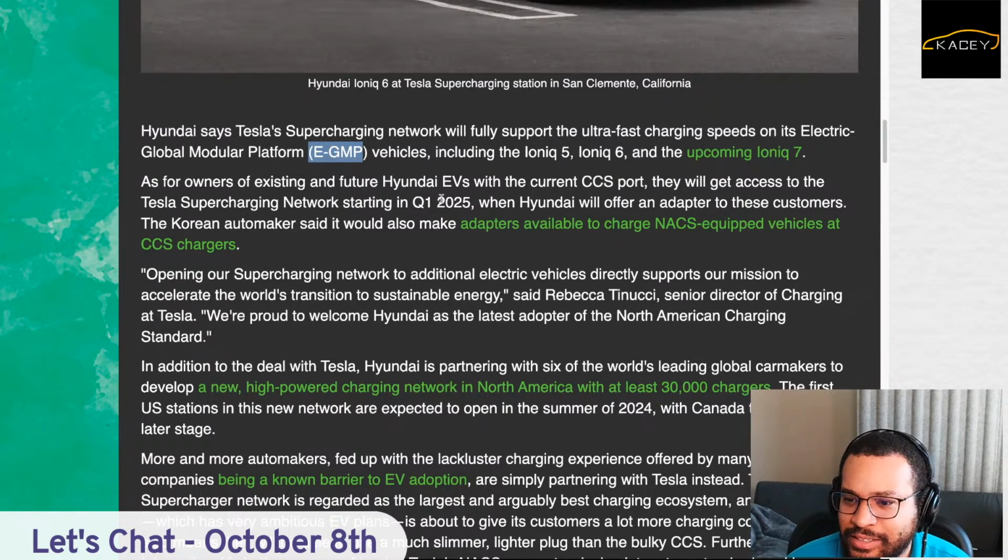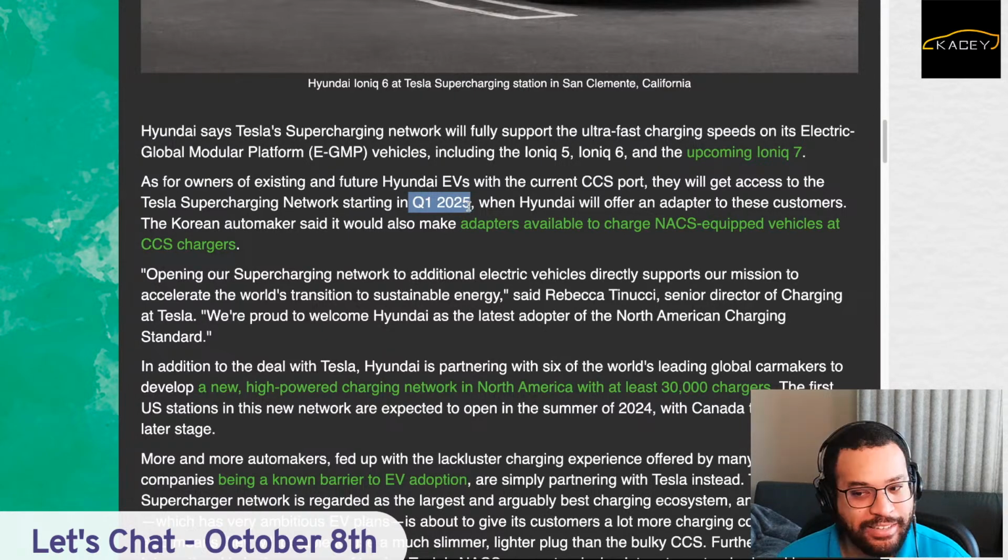Okay, so let's see. As far as owners of existing and future Hyundai EVs with the current CCS port, they will get access to Supercharger networks starting in Q1 of 2025, when Hyundai will offer an adapter to these customers. So that is much different than everybody else. Everyone else except for Hyundai, you get your adapters in 2024. They didn't say when in 2024, they just said 2024.